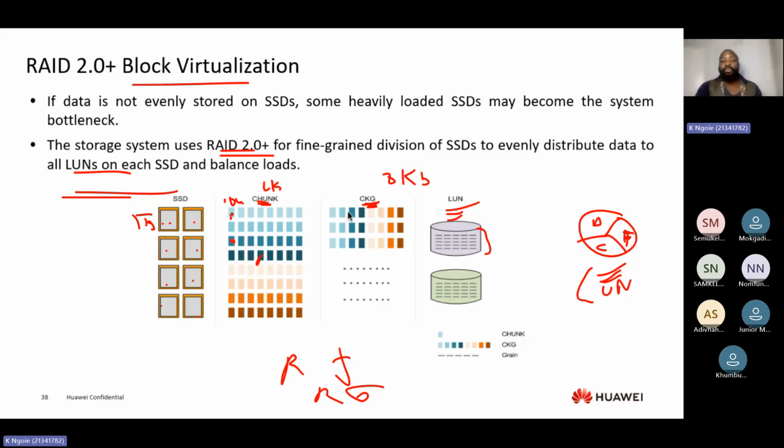Then we take those CKGs and divide them again into further pieces for flexible use. Those smaller pieces will now be used to create a map. We map them to create LUNs. Okay, so that's how this works.